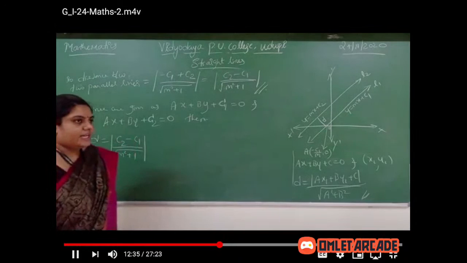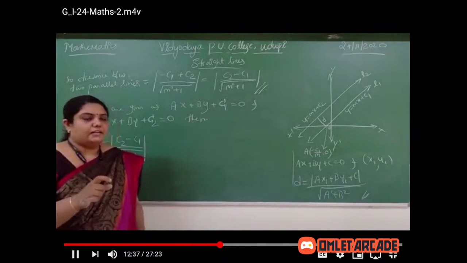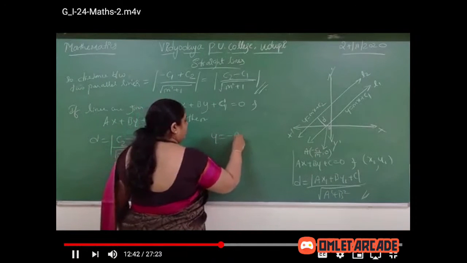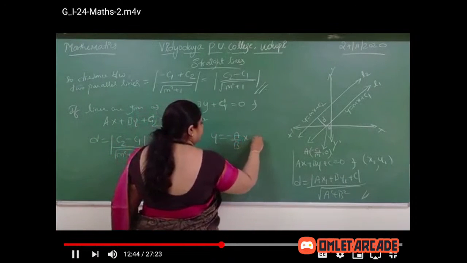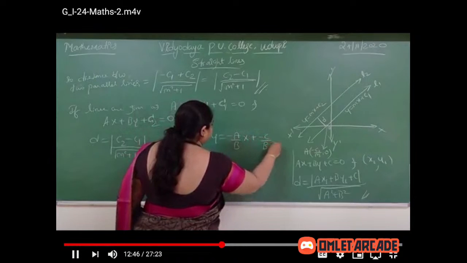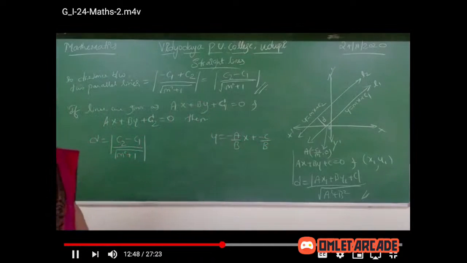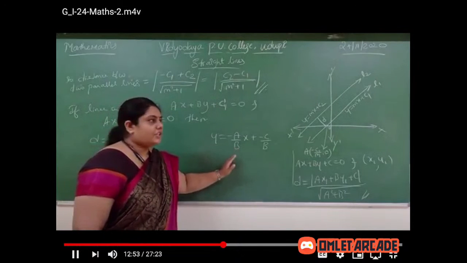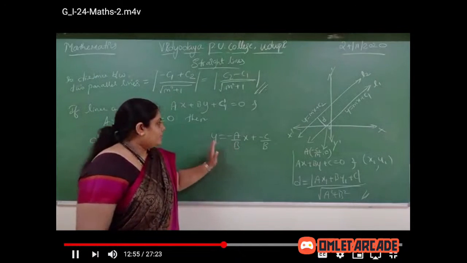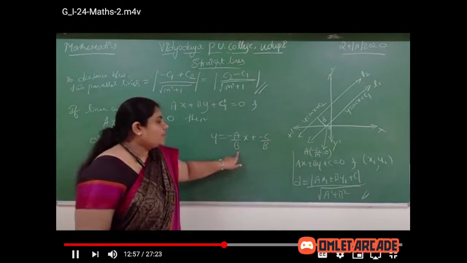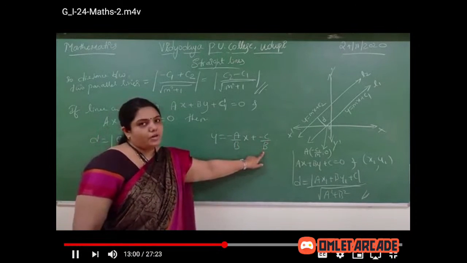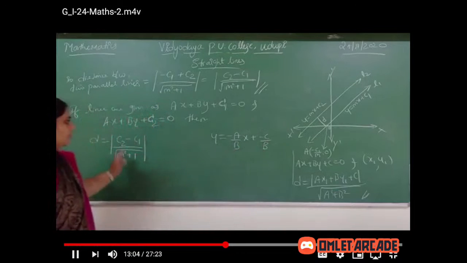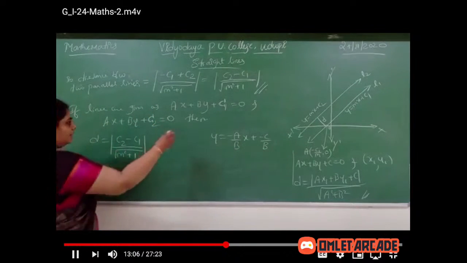In the beginning of the class, the first thing I have given you, that is y is equal to minus a by b x plus minus c by b, isn't it? So this is what? I mean, you are converting the general equation into slope intercept form. That is y is equal to mx plus c, where m is what? Minus a by b and c is what? Minus c by b, isn't it? Imagine if the equation is given in general form, then how will you convert it?